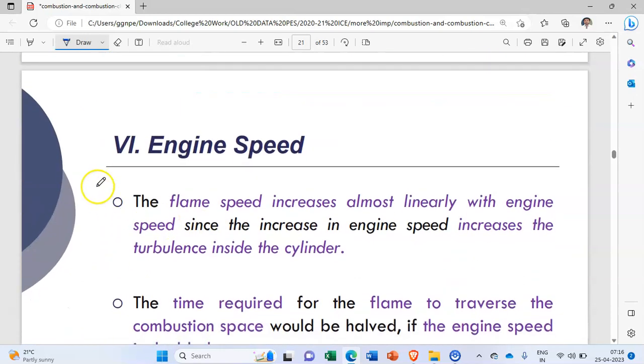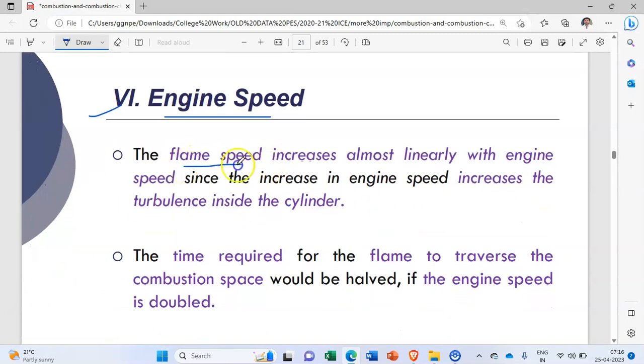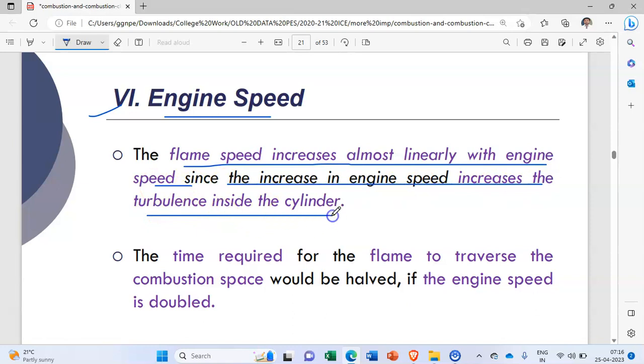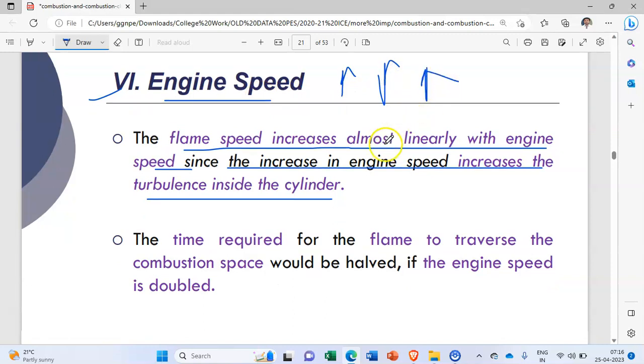And the last parameter, let us see, is engine speed. The flame speed increases almost linearly with the engine speed, since the increase in engine speed increases the turbulence inside the cylinder. So when engine speed increases, turbulence increases, and when turbulence increases, flame speed increases.